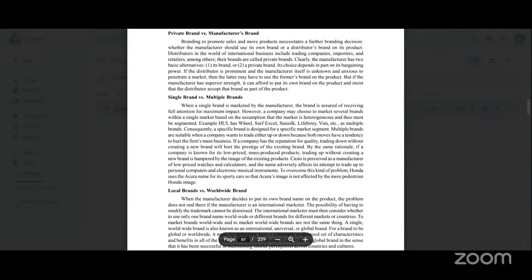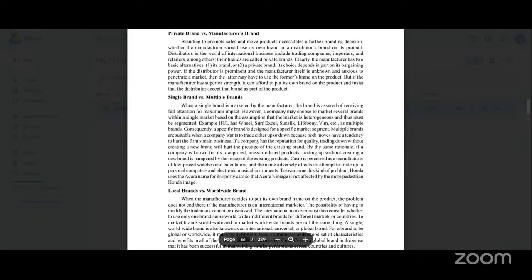This may be based on the assumption that the market is homogeneous, and the fallout of that is the product must be segmented. If you look at HUL, it has Wheel, Surf Excel, Sunsilk, Lifebuoy, Vim, etc. That means it has within its own umbrella multiple brands. Consequently, a specific brand is designed for a specific market segment.